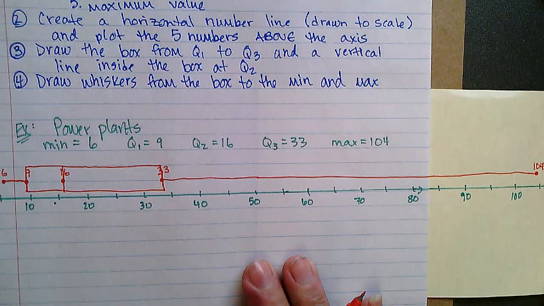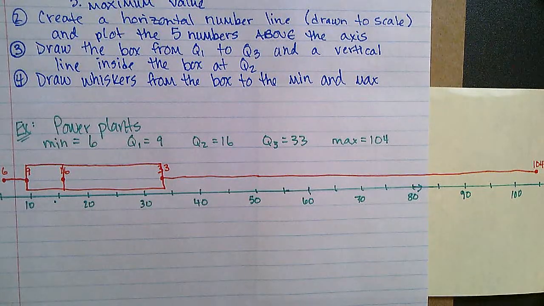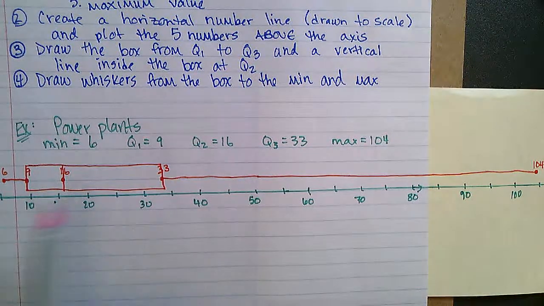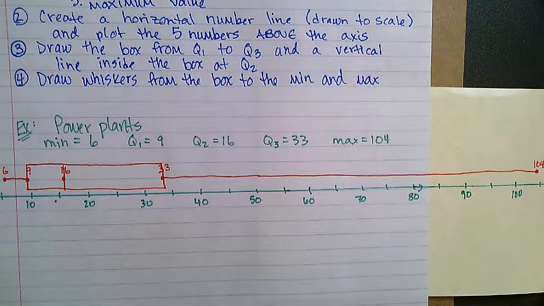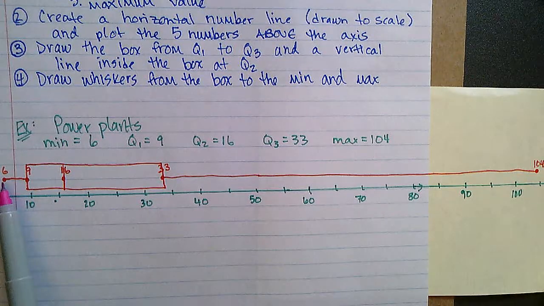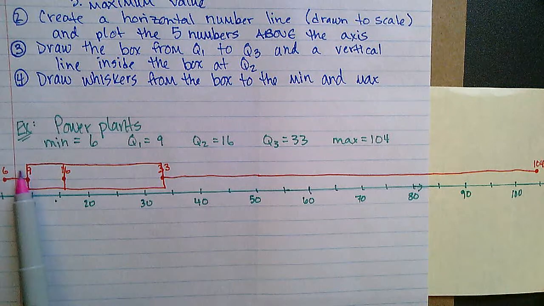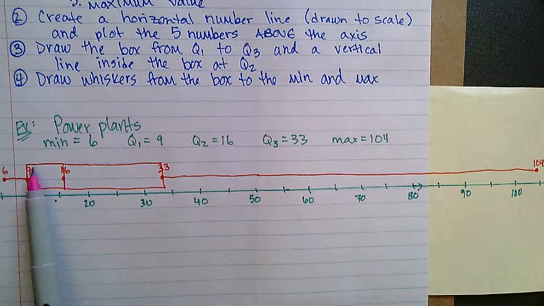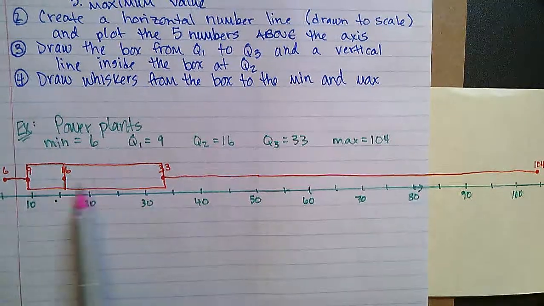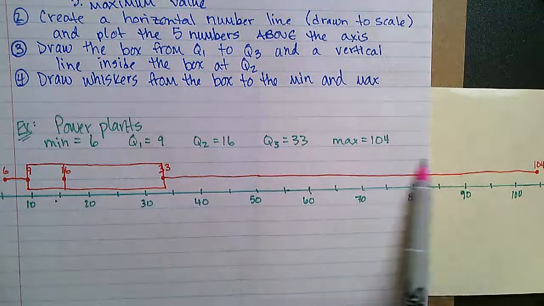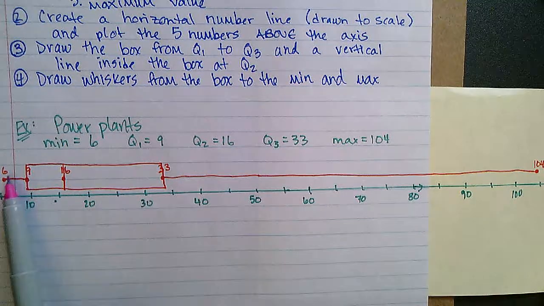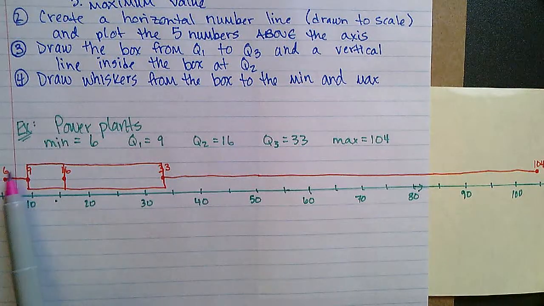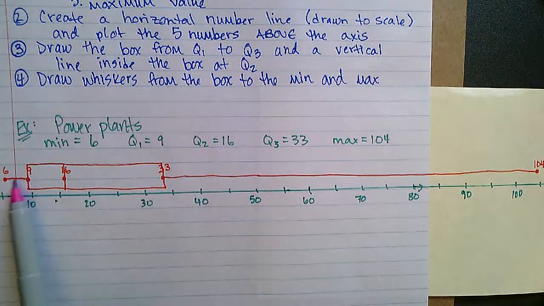Now let's look at some observations that happen when we have a box and whisker plot. If you look at the box, remember that these values were found by splitting our data set into quarters. So we have 25% of our data here, 25% here, 25% here, and 25% here. So what you can kind of tell is that the bottom 25% of the data is really clustered together.